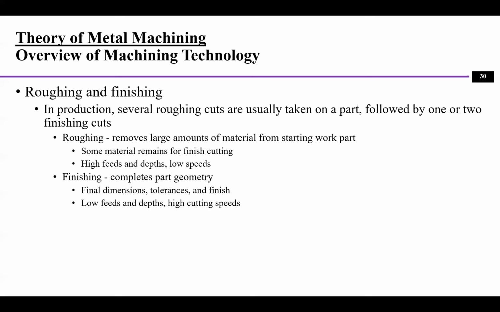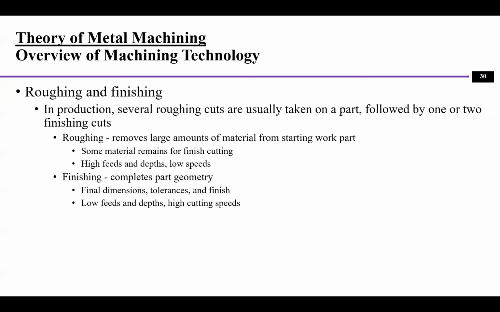And higher torque and more energy might cause your tool to break, right? So that's why when we are doing the roughing process, we may want higher feeds and higher depths with really hard, high-strength tools, but with lower speeds, because at this point we do not need to consider the surface finish.